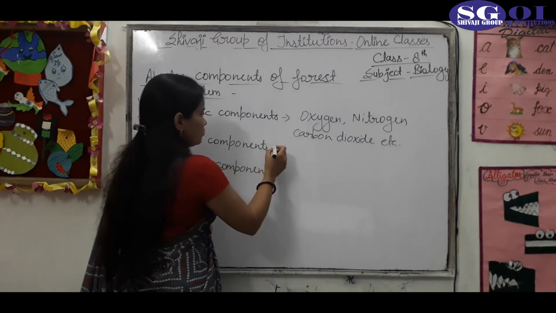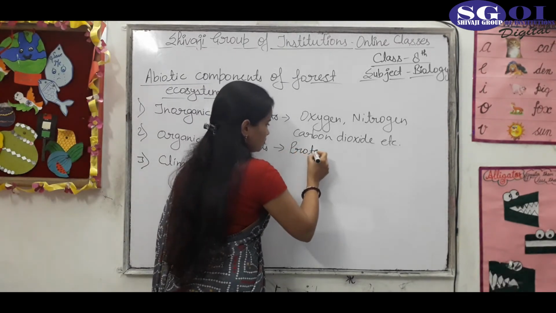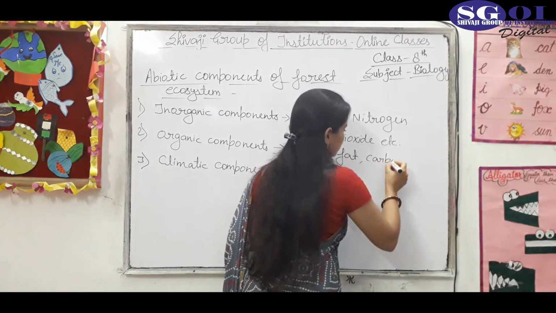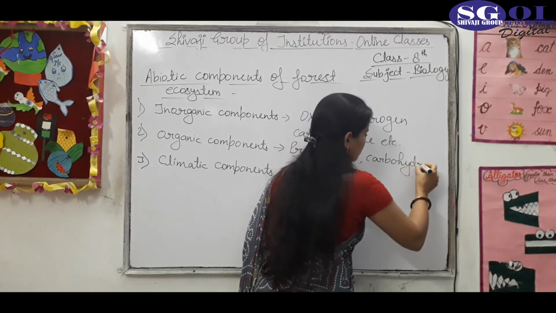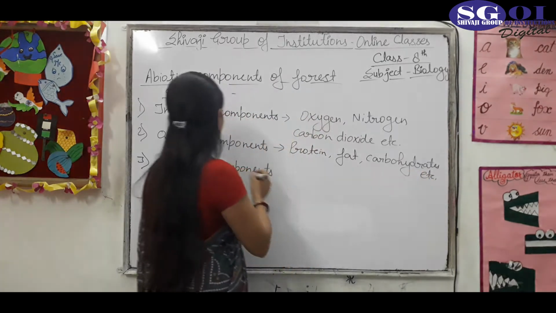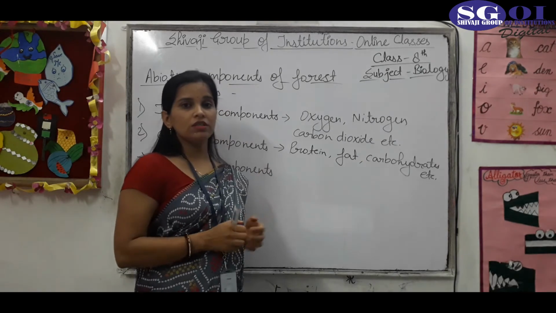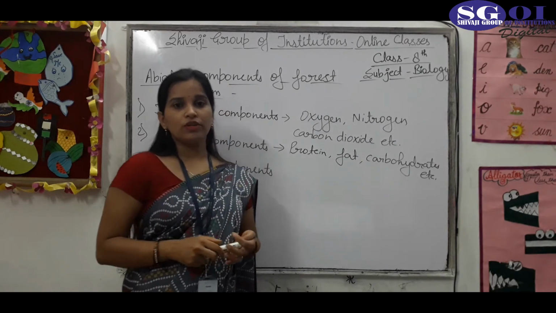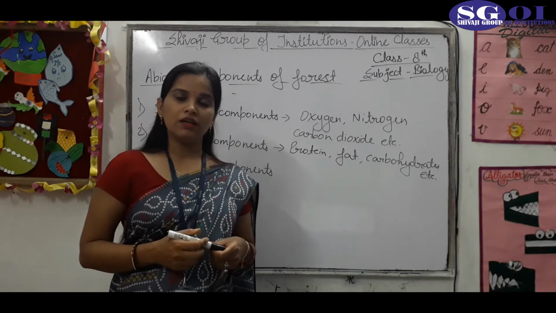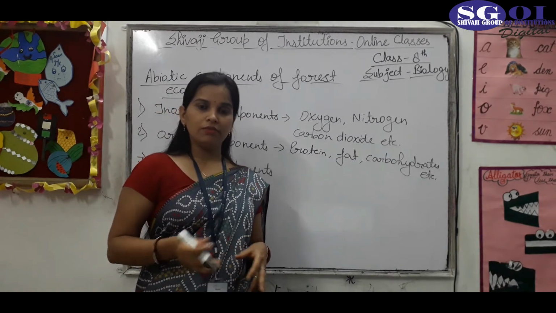And next is the organic components. So organic components like protein, fat, carbohydrate, etc. So this is the organic components, and these organic nutrients are also stored in the body of the animals and plants, and also in soil, because when the plants and animals are dead, their bodies are decomposed by the decomposers and mixed into the soil.